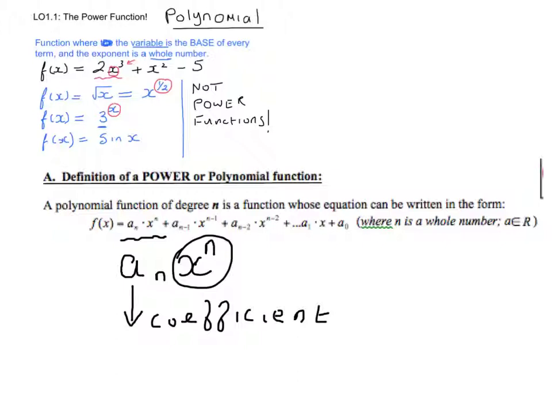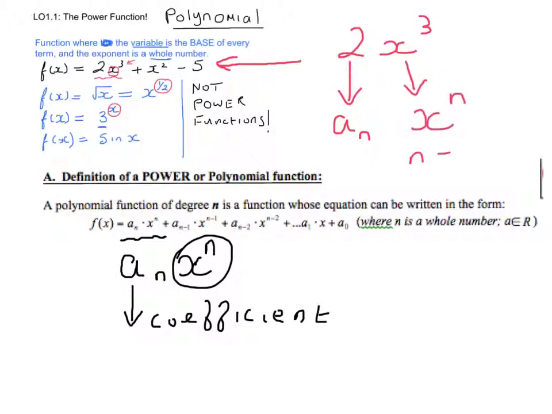In the function that we looked at earlier, this one up here, the first term, 2x to the power of 3, the 2 is simply a sub n, or the coefficient, and the x to the power of 3 is quite simply the x to the power of n part, where n is equal to 3.